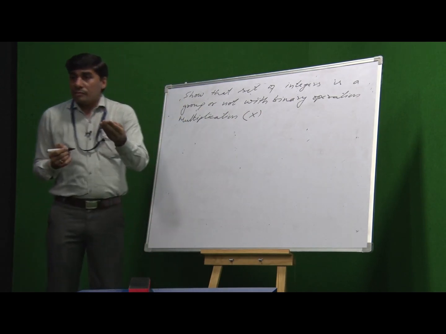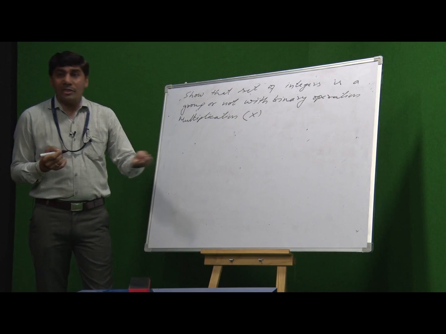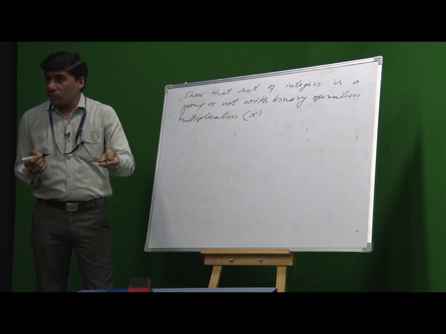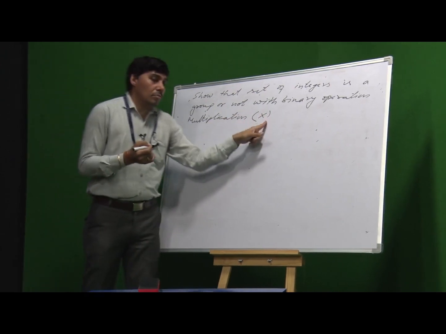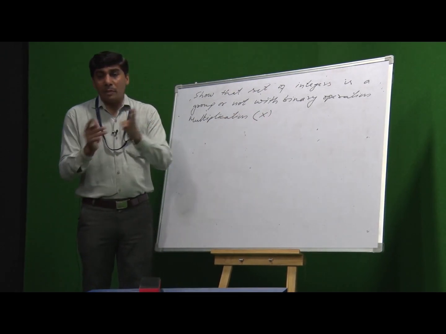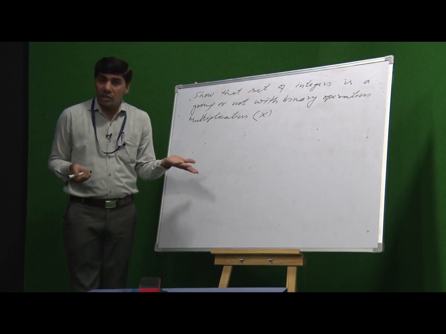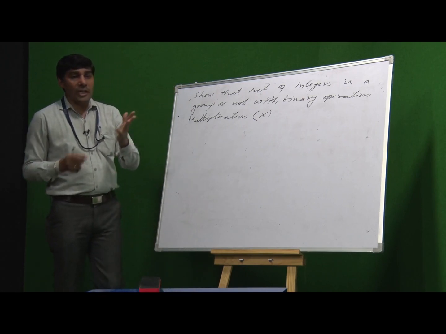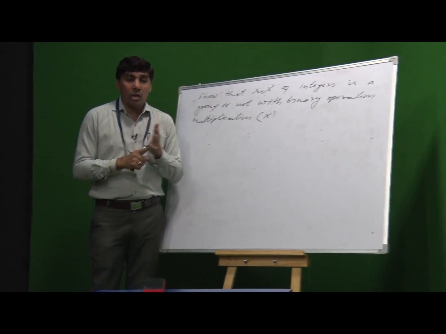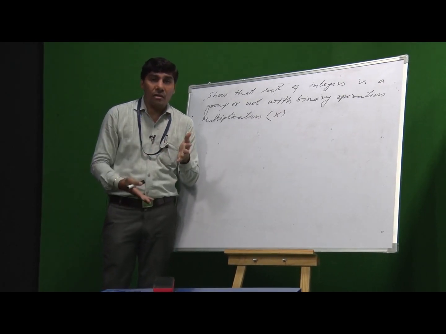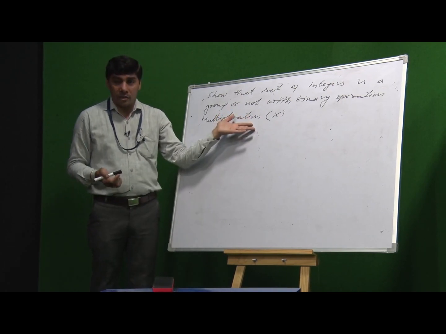Set of integers, we already discussed in the previous example, is a set and it is non-empty, and operation is multiplication. We multiply two integers, the third one is again an integer. Suppose 2 and 5 are the integers. If we multiply 2 and 5, the resulting one is 10, which is also an integer.